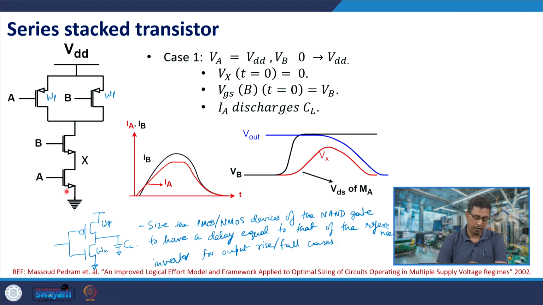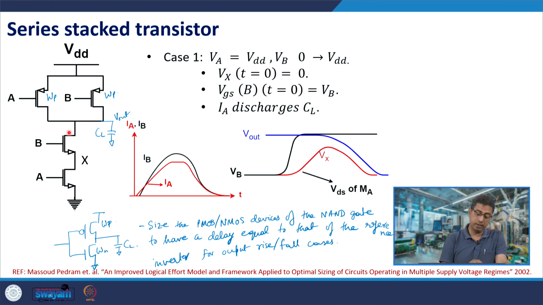Soon the current IA would also start becoming important, and Vout would start falling because of this. Let us keep a capacitor CL at Vout here. Since Vout starts falling and Vx starts rising, you would find that this transistor would also enter the linear regime from saturation. It had begun in saturation, but it would enter the linear regime, and since its output voltage is falling and input is rising, it would have almost a constant current for a while.